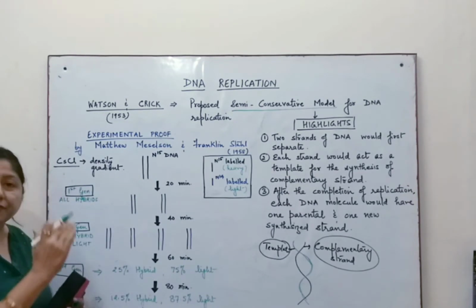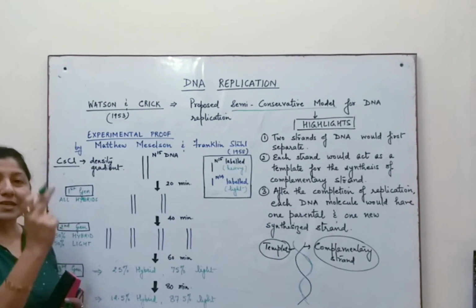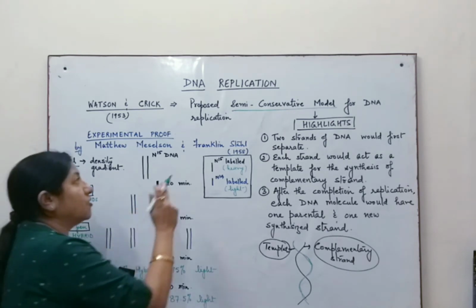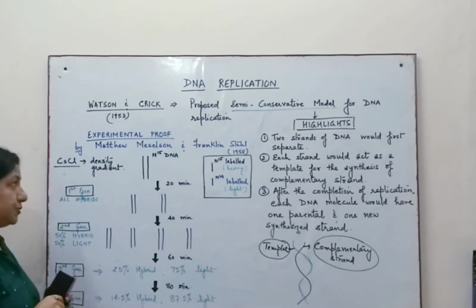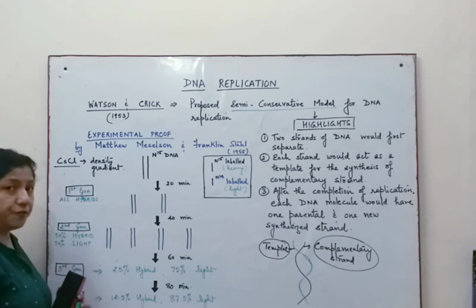So half of the information is retained and half of the information is generated on the basis of the parental strand. That's why we call it a semi-conservative model of DNA replication. Now let us study what experiment was performed.